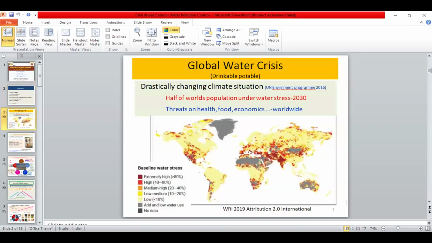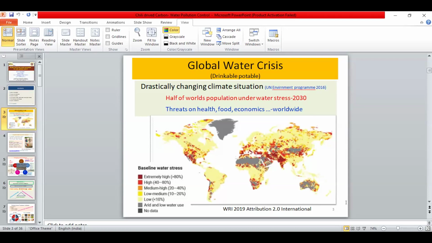With the increasing population and pollution, we have encountered the global water crisis, giving us a question mark on drinkable, potable water. According to the UN Environment Program 2016, there is a drastically changing climate situation, and that report says that half of the world's population will be under water stress by 2030.